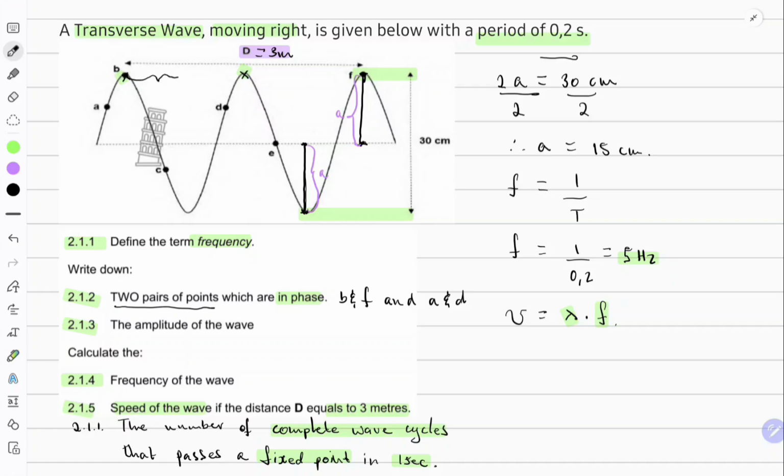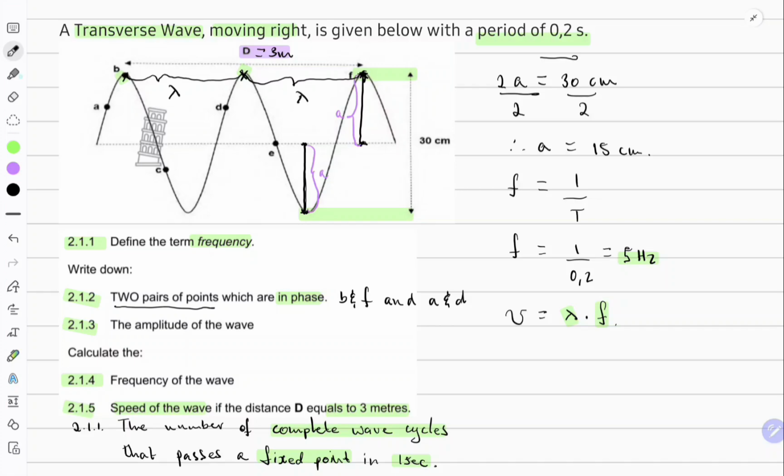So this distance here is called the wavelength. And if you consider this point and point F, there are 2 consecutive points and they are in phase because they both are points on the crest.